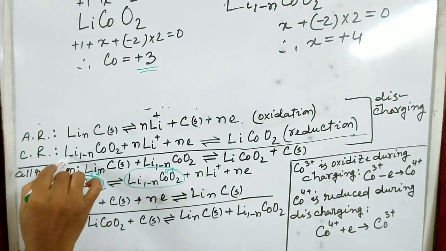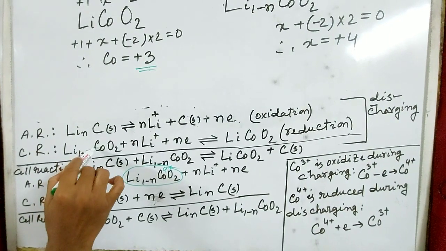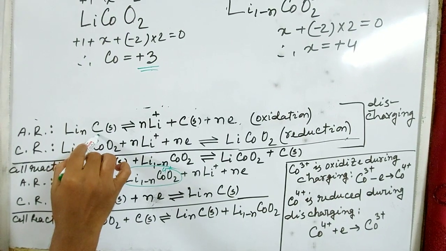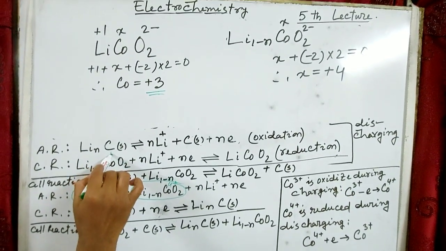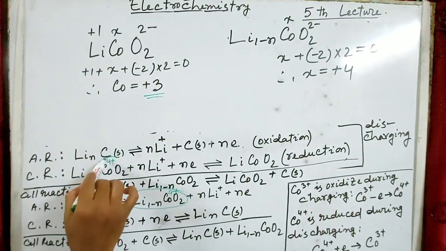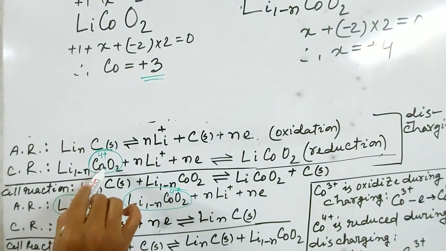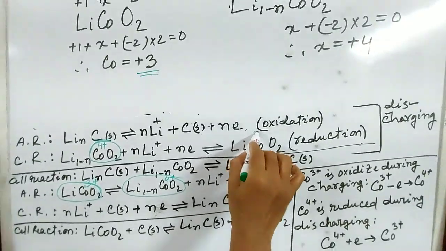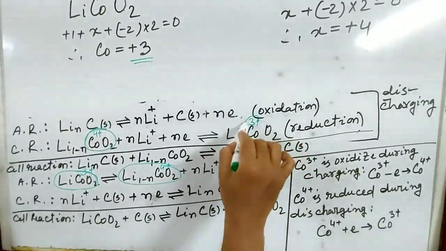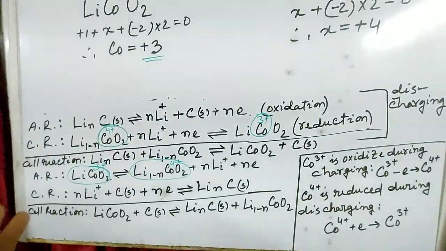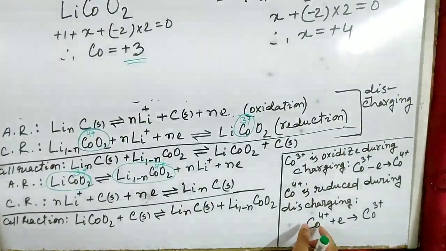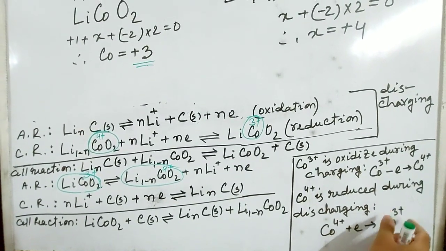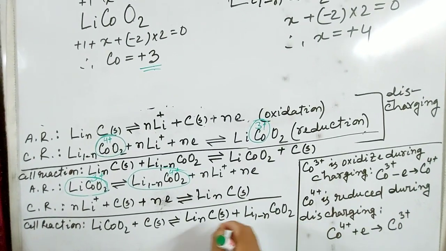So in Li 1 minus n cobalt oxide, I have already shown you the oxidation number of cobalt is plus 4, and in lithium cobalt oxide, this is 3 plus. That's why cobalt 4 plus converts into cobalt 3 plus through accepting an electron.